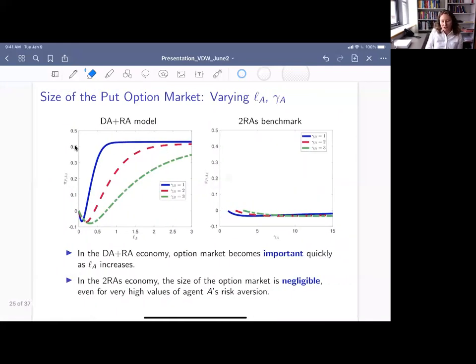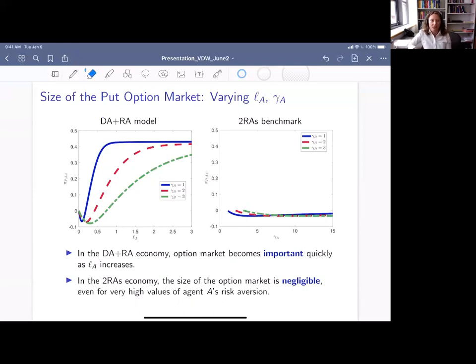And this graph is just to show you that we didn't choose convenient parameters. The graph on the left varies the level of disappointment aversion, the slope controlled by L. And for reference, L greater than 3 is used in the literature. We see clearly here that as soon as L becomes higher than 1 and increases further, the market basically stabilizes.